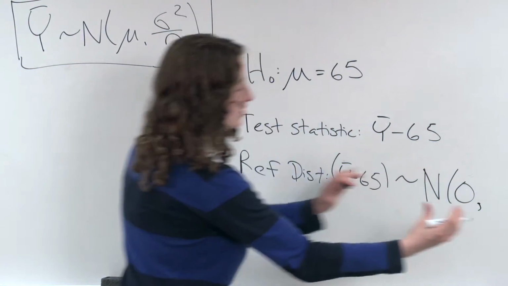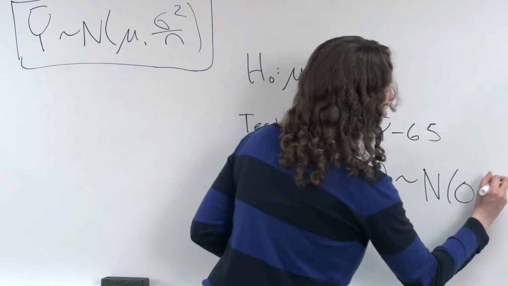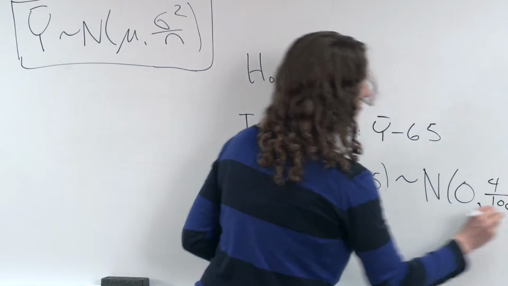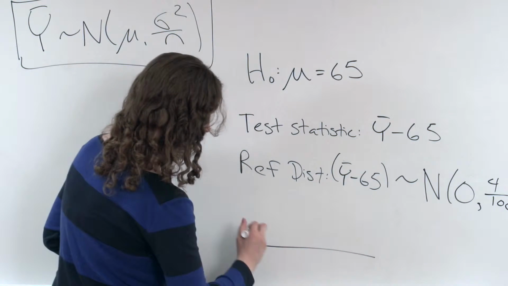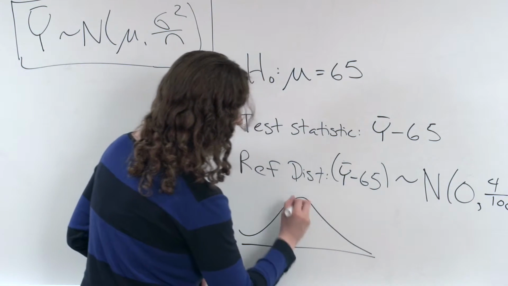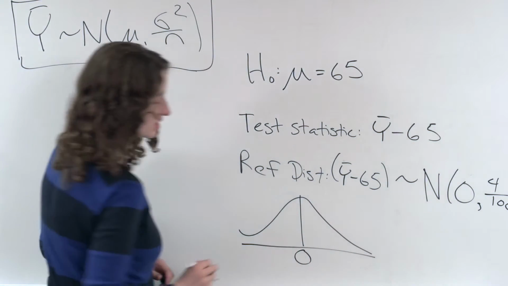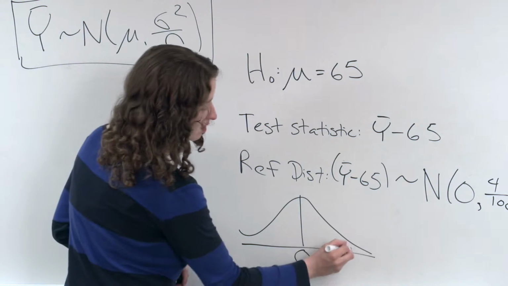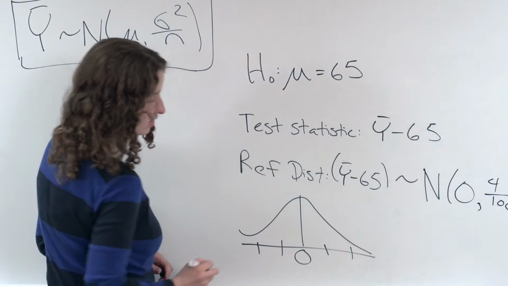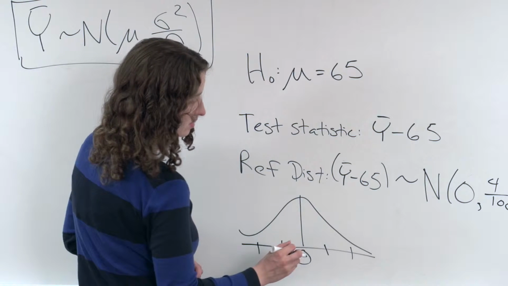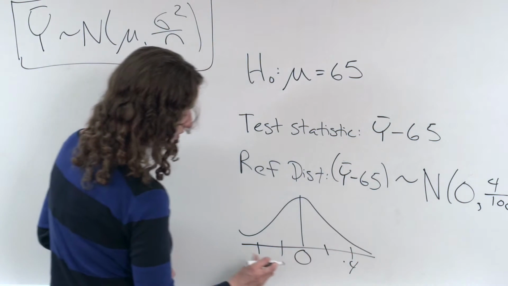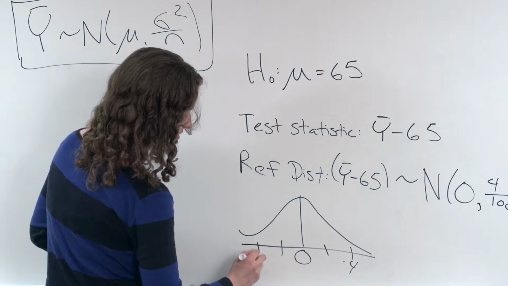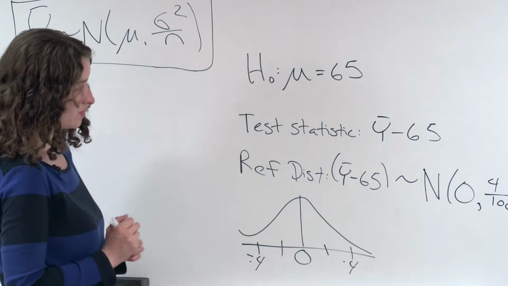And when I shift over that entire distribution, it does not change the variance. So if I draw a picture of this reference distribution, it's very similar to what I had before, but now it's centered at 0. When I go up or down 2 standard deviations, the standard deviation is still 0.2, so now this is 0.4 and negative 0.4.